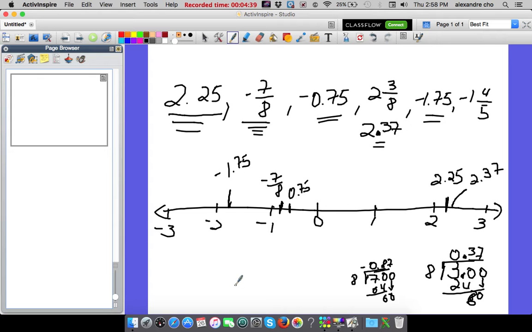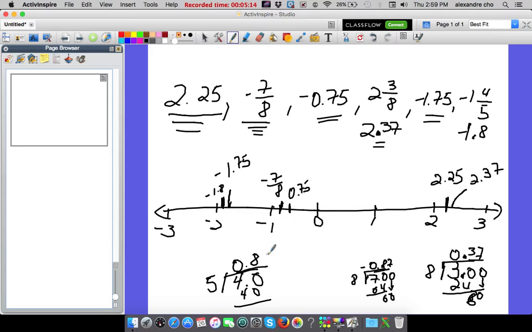Let's change 4/5. 4/5 is pretty easy, you should know that. 5 does not go into 4, so add a 0 and a decimal. 5 goes into 40 8 times. So negative 1 stays, and the 4/5 changes to 0.8, negative 1.8. So this is 0, negative 1, negative 1.1, 1.2, 1.3, 1.4, 1.5, 1.6, 1.7, negative 1.8 would be here. Okay.